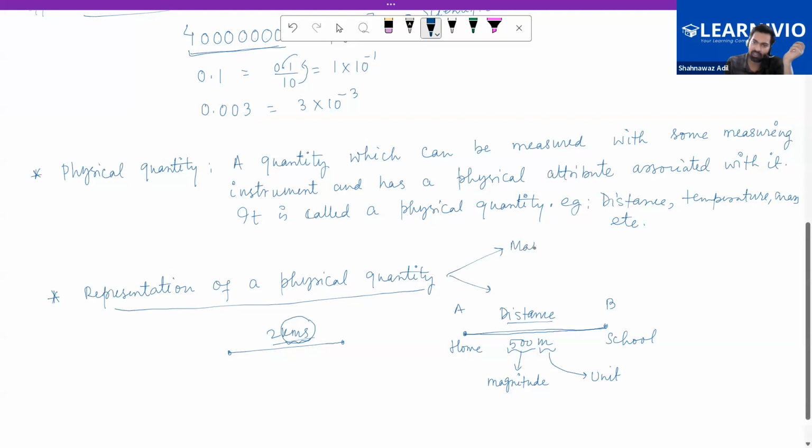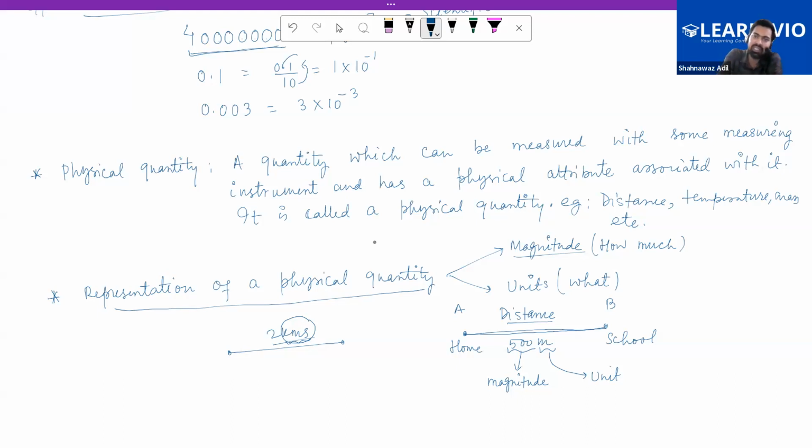One is the magnitude, which talks about how much, and then you have units, which talk about what the thing is that you are talking about.